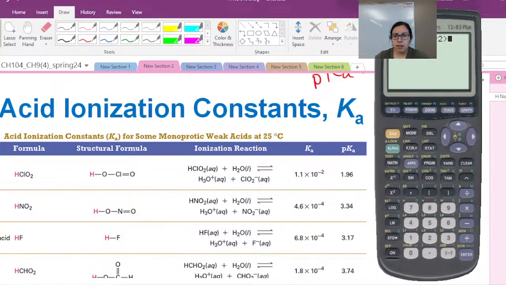So you have 2 sig figs in for your log value, but doing the log means you get an extra sig fig out. So then you put in 2, but report out 3 for the log. So then you get the pKa of 1.96, which matches what the table has.